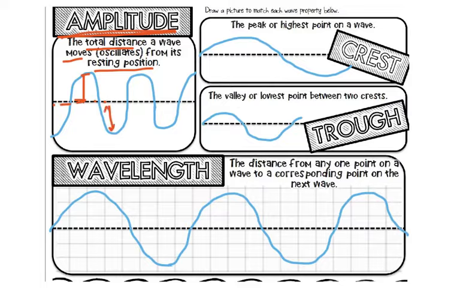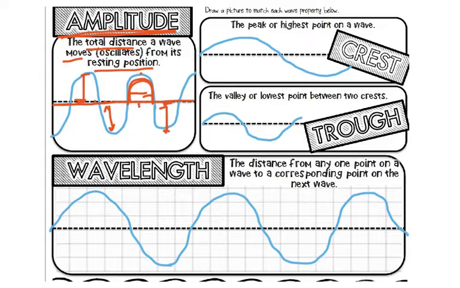So this distance right here. You could think about this like that it's making an A for amplitude. So the amplitude is how high above the resting position, or how low from the resting position did it go. So what is this distance from the resting position, where it would be if there was no energy going through it, to the peak or the farthest point from the resting position.